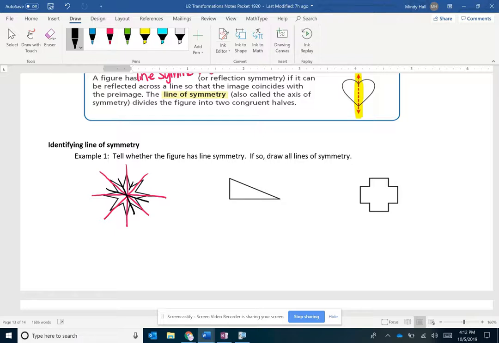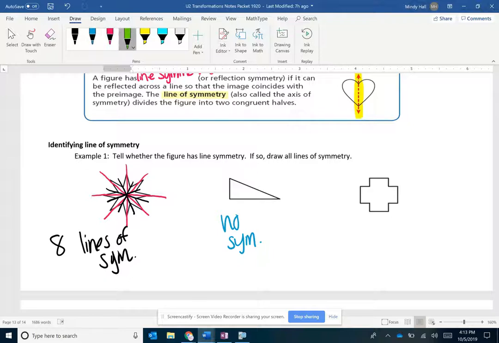And that gives us an extra 4 lines of symmetry. So for this shape, we actually have 8 total lines of symmetry. And I'm going to abbreviate. Now with the triangle, taking a look, we can't cut it horizontally and we can't cut it vertically to make it symmetrical. So this one actually has no symmetry.